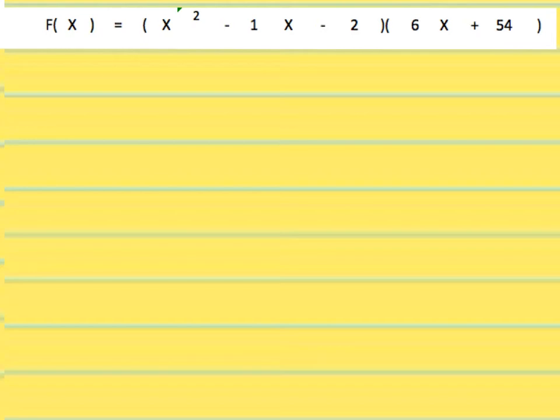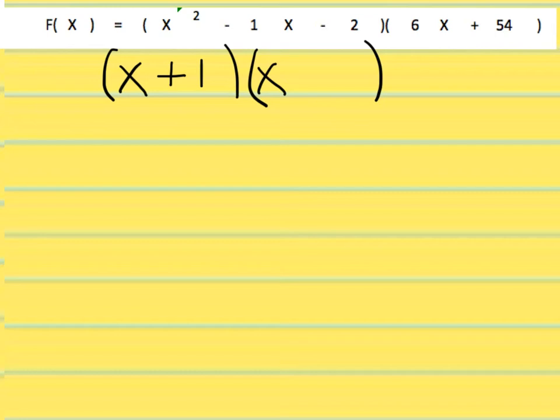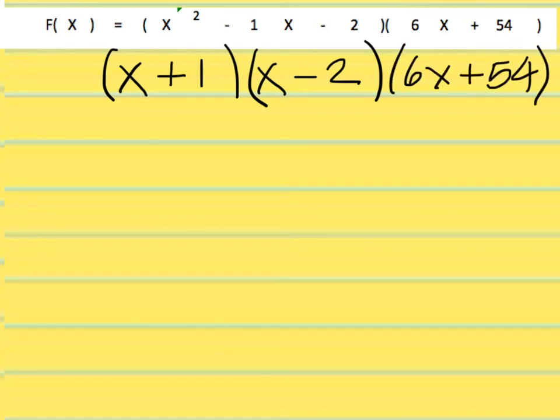Let's break up the first quantity as two quantities in which we need two numbers that multiply to get a negative 2 and add to get a negative 1. That would be a positive 1 and a negative 2. They multiply to get negative 2, they add to get negative 1. And of course you still have 6x plus 54 out here on the end.